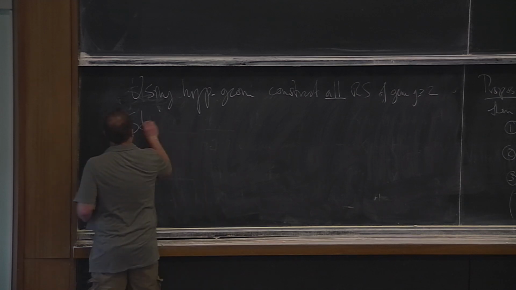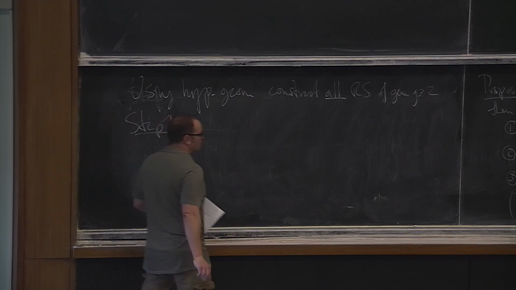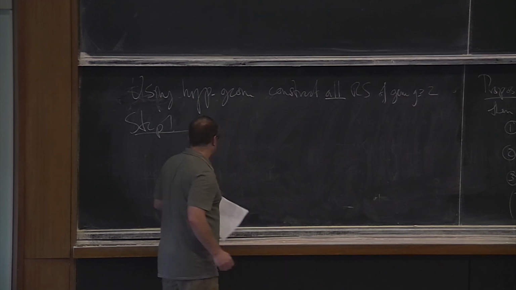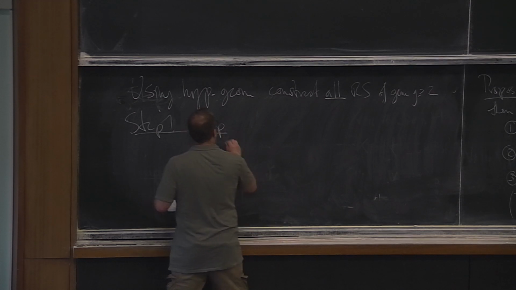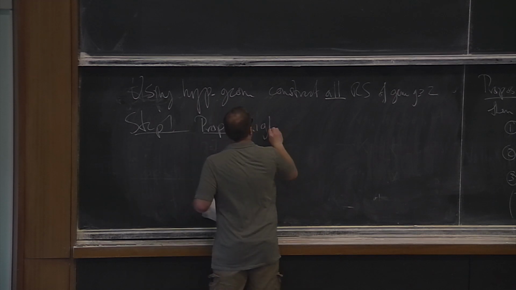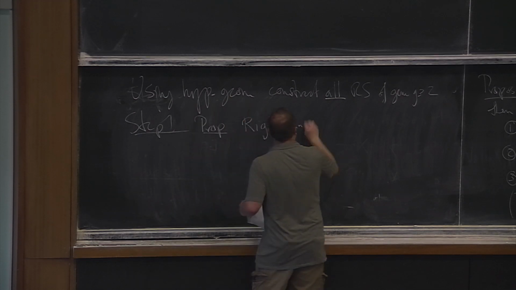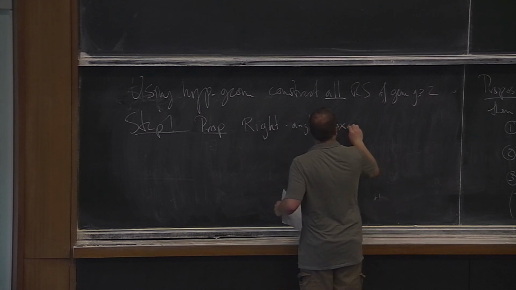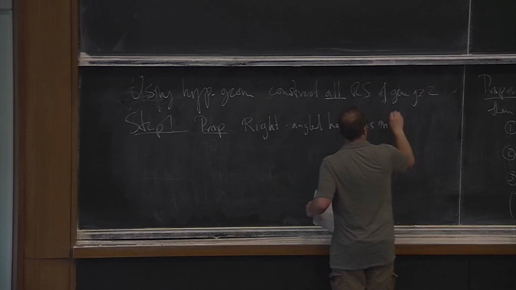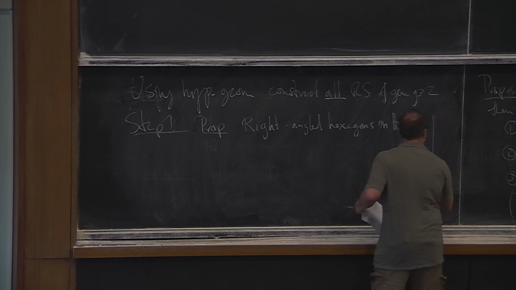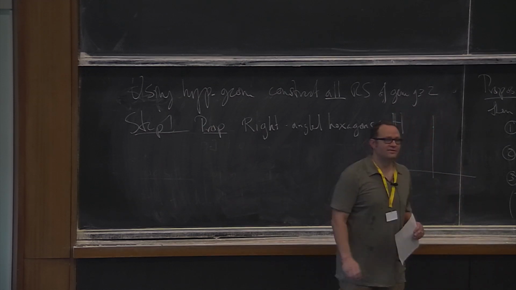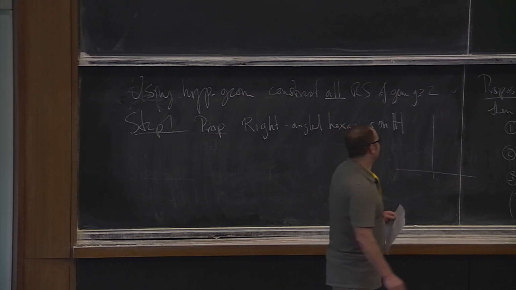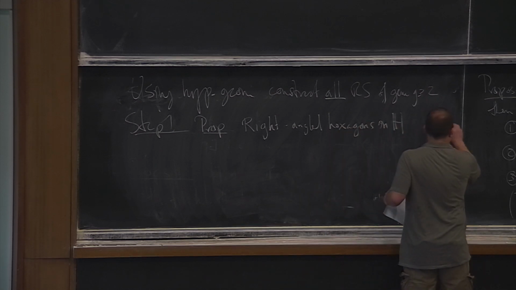Step 1 is a proposition about right-angled hexagons in the hyperbolic plane. So let's draw a picture. What's a right-angled hexagon? It's a hexagon where all the angles are right. So what do they look like?